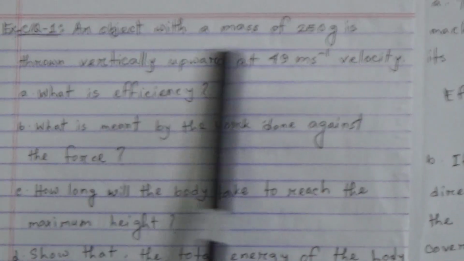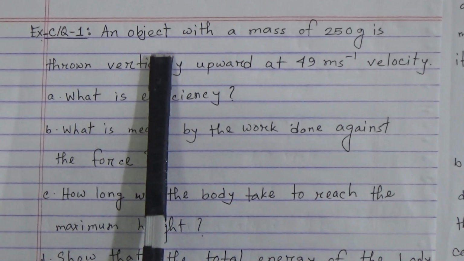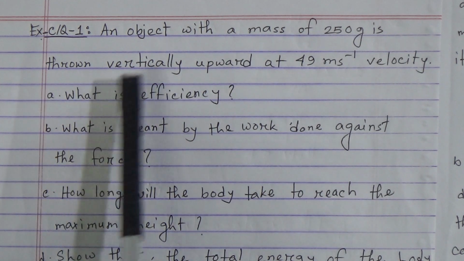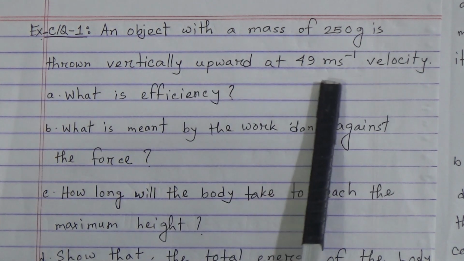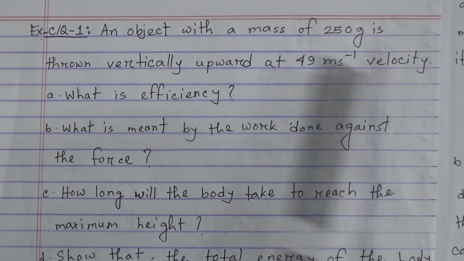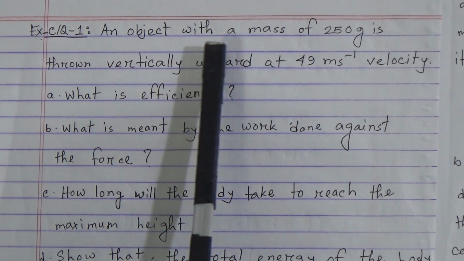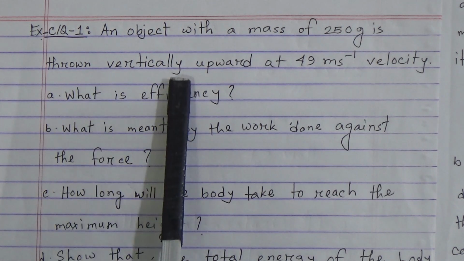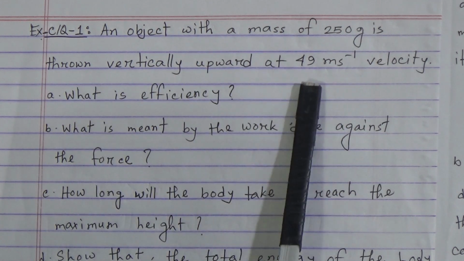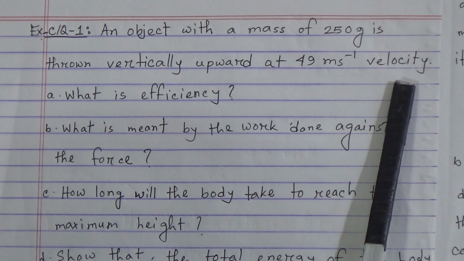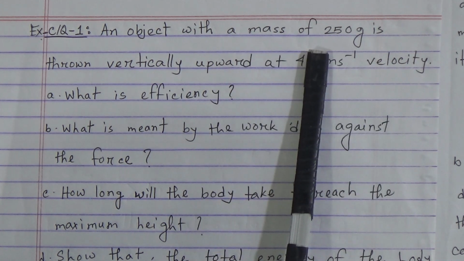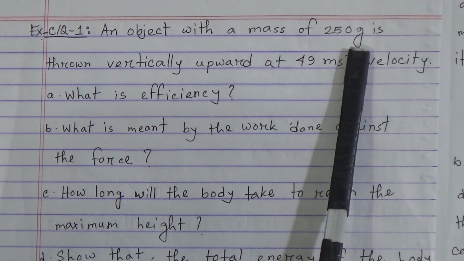Extra CQ number 1. See this stem. An object with a mass of 250 gram is thrown vertically upward at 49 meter per second velocity. My dear students, see here, the given mass of the object is 250 gram.